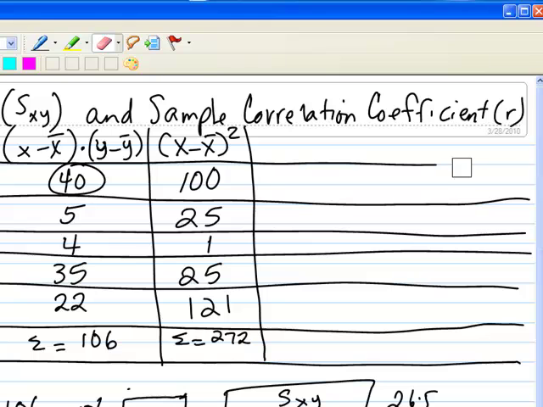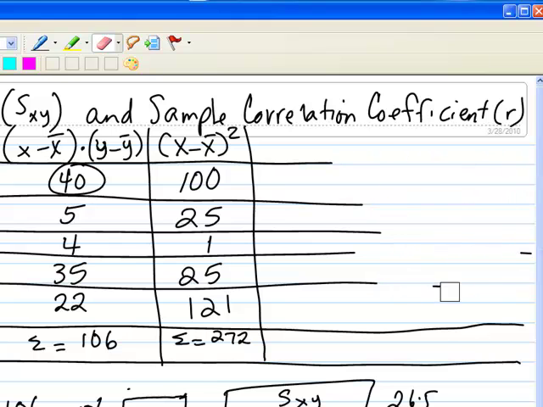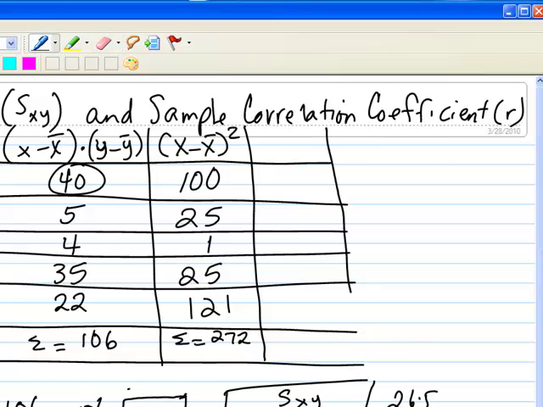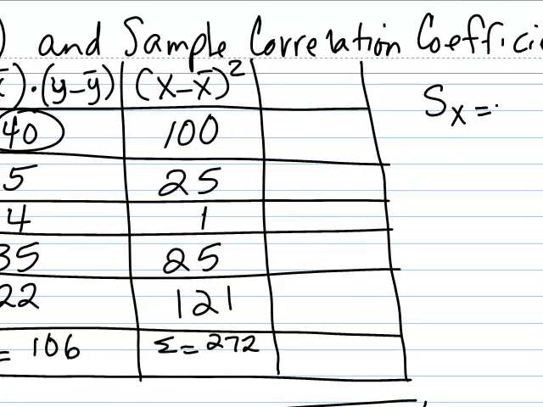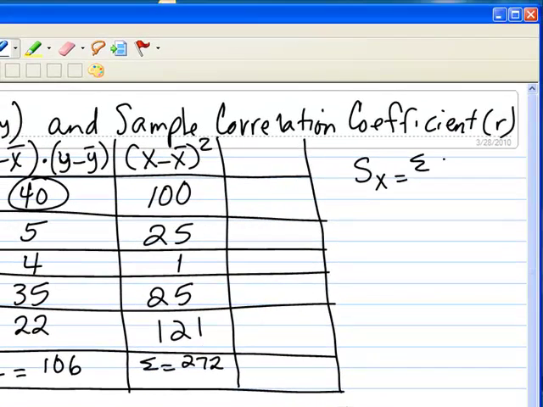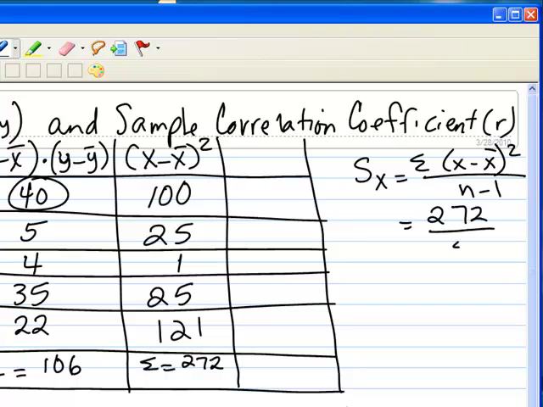I'm running out of room here, so I'm going to create some room by erasing some of this. Okay. So the standard deviation of x is based on the summation of the x minus x bar column squared divided by n minus 1, which in this case is 272 divided by 4.